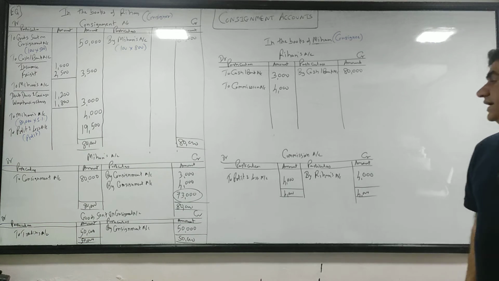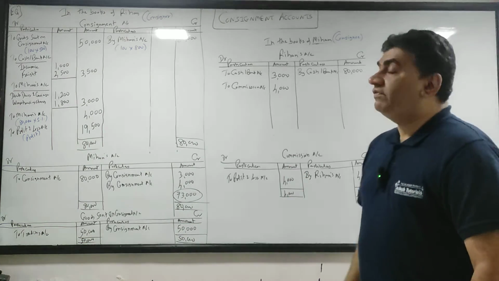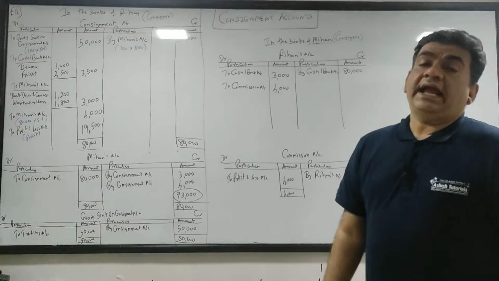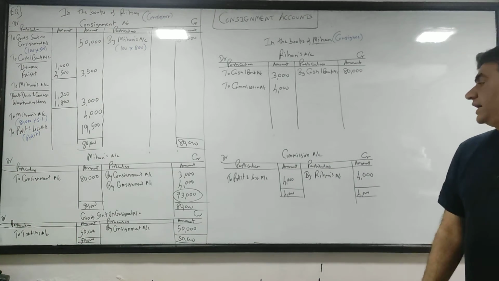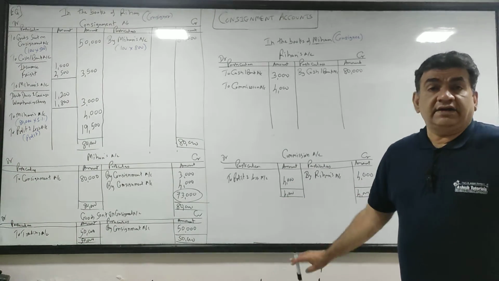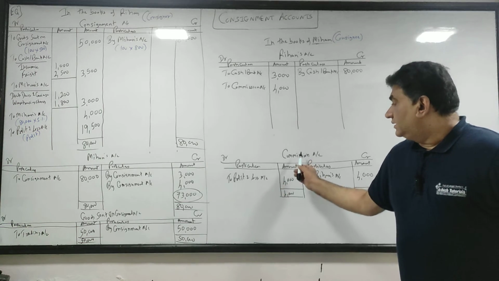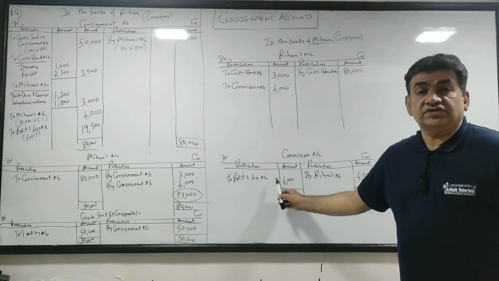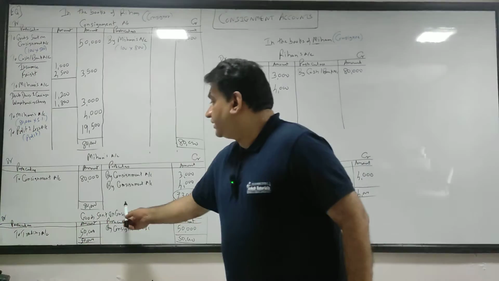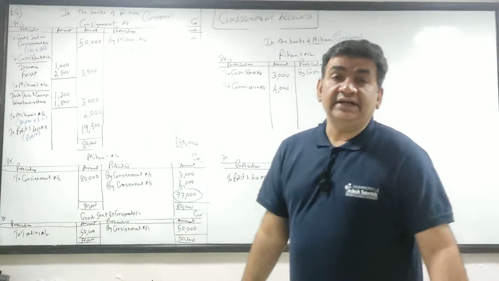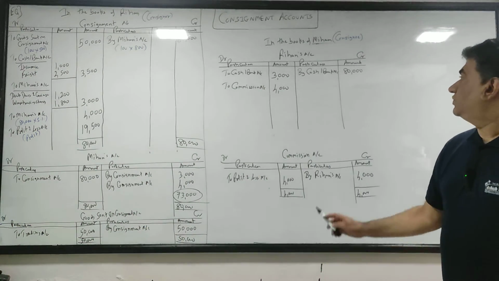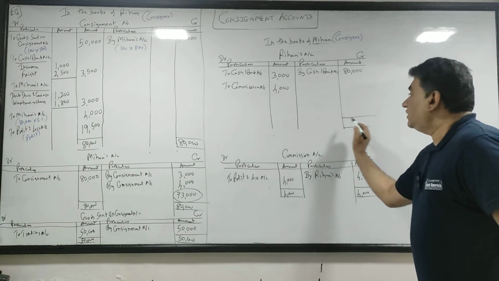So here you will write to profit and loss account, and this will go on the credit side of P&L by commission. अगर एंट्री होता commission to profit and loss account, इसका एंट्री होता goods sent on consignment to trading. Got it?